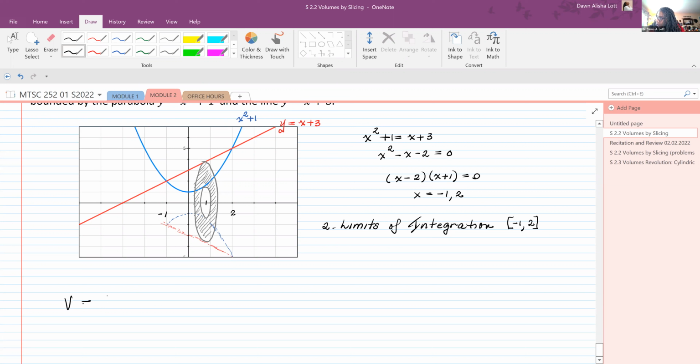the integral, I know I'm going to go from -1 to 2 of pi times the big radius squared minus the little radius squared dx. So what's the big radius? Well, that's the red one, x plus 3. And the little radius is x squared plus 1.